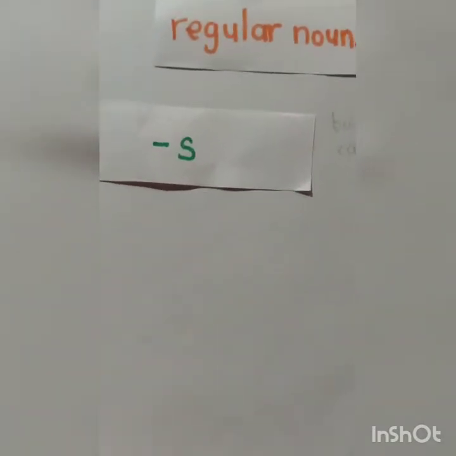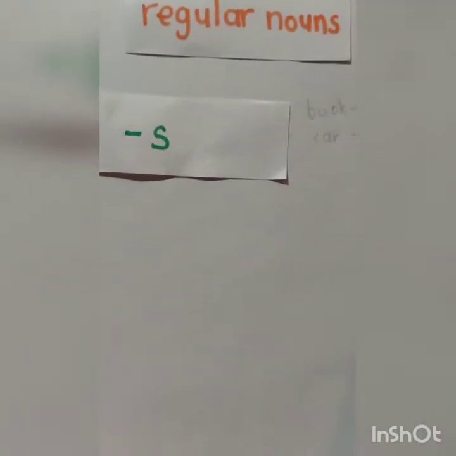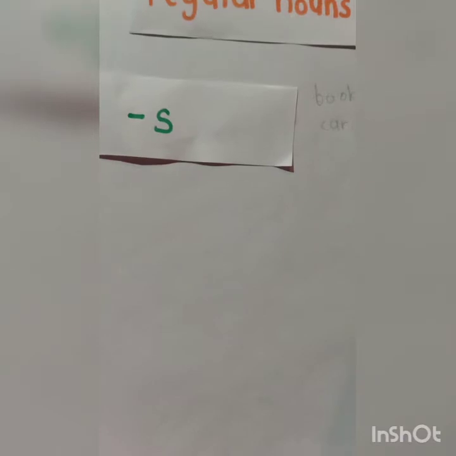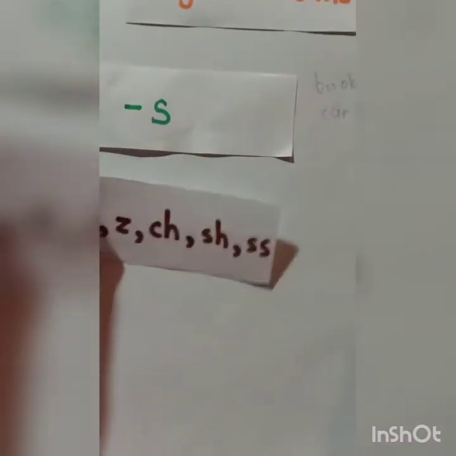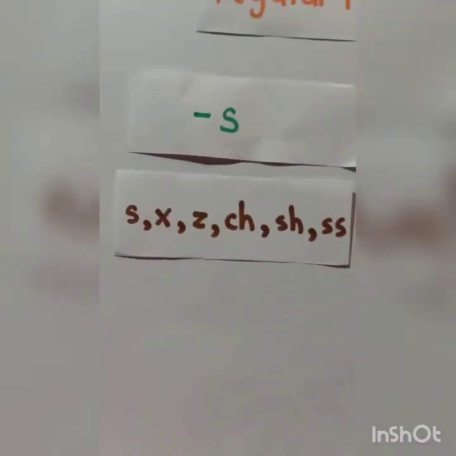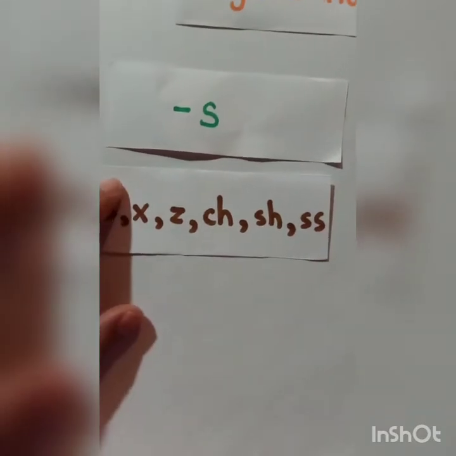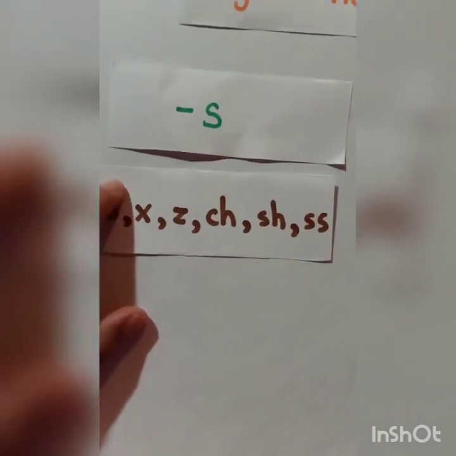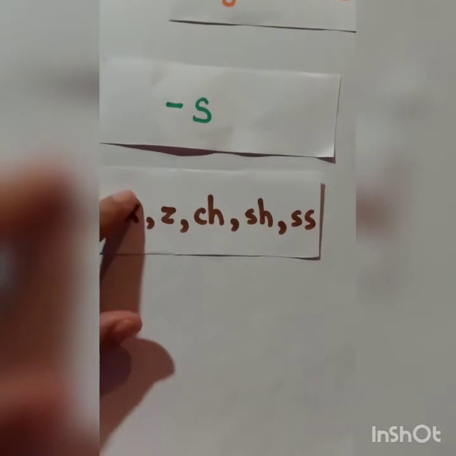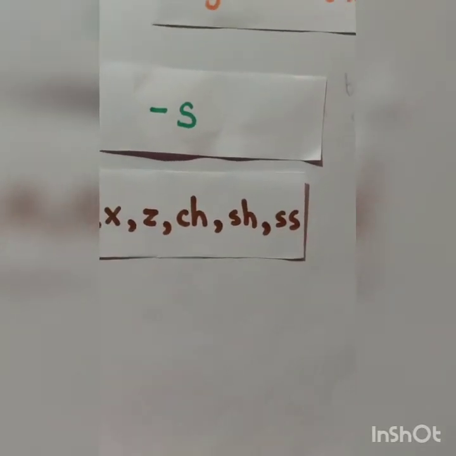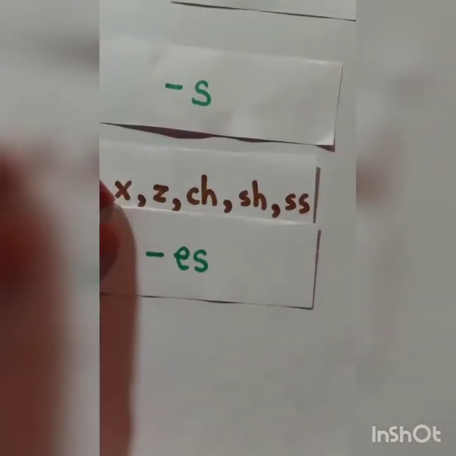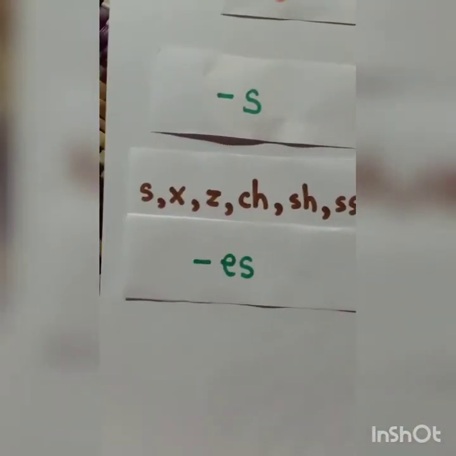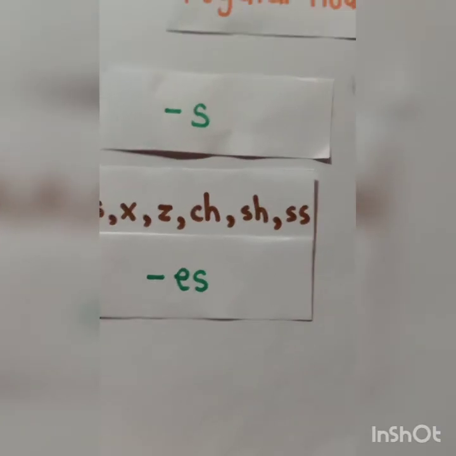Right. The next one, if the word or the noun ends in s, x, z, ch, or sh, we have to add es at the end. Right. So for example, bus.